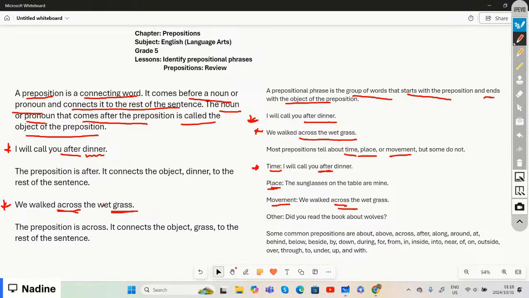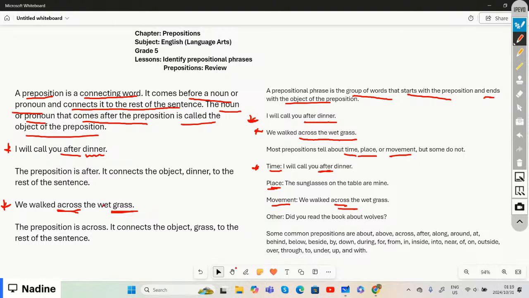All right. So we said prepositions are words like above, on, until, across, after, along, around, at, behind, below, beside, by, down, during, for, and many more.